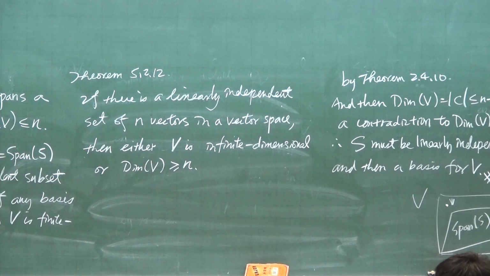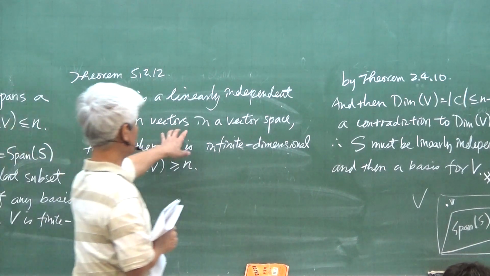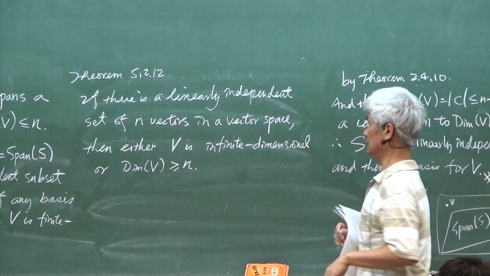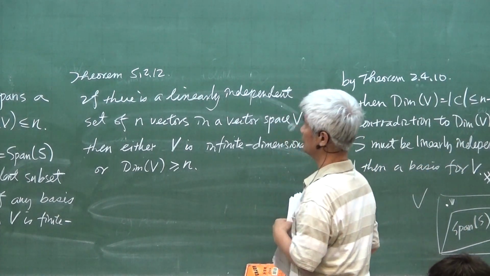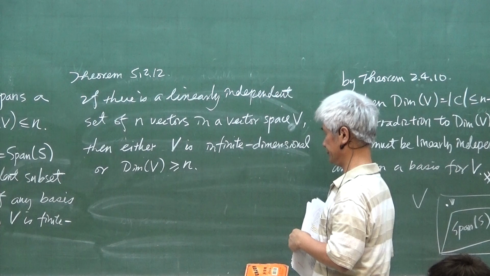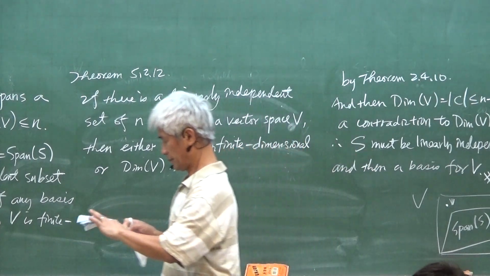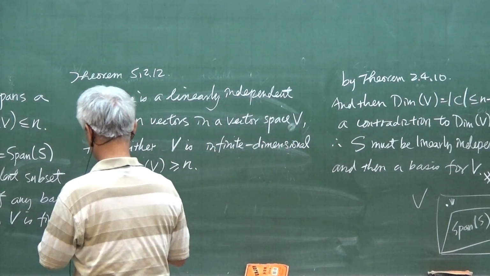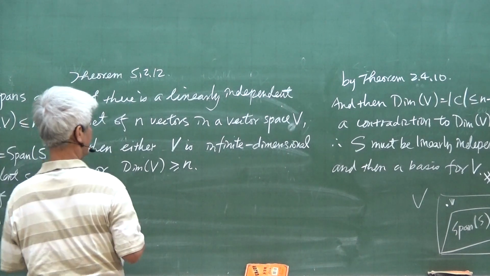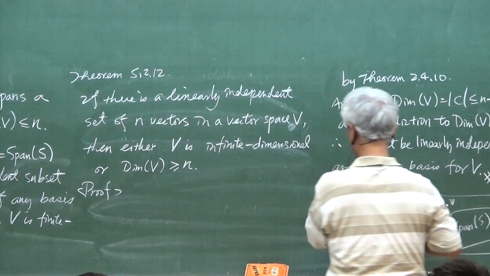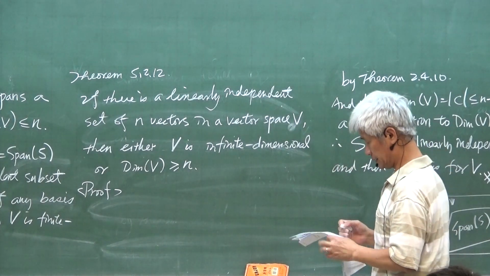So n is a lower bound, if we have a linearly independent set of n vectors in a vector space. If V is infinite dimensional, then we have nothing to say.